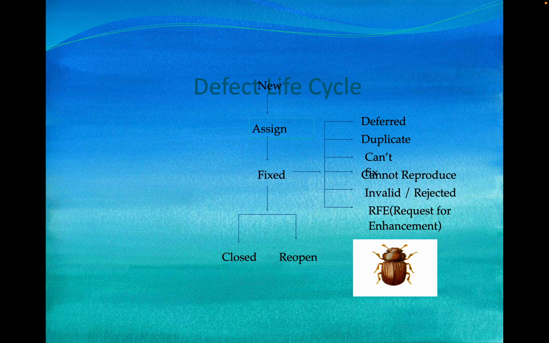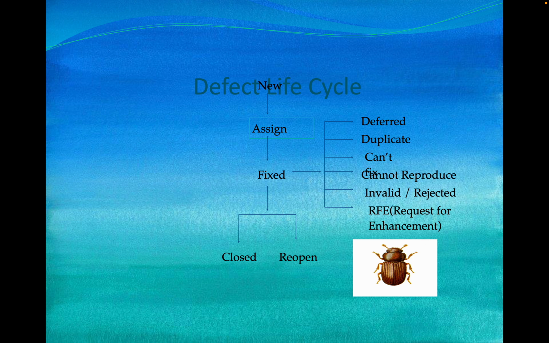The defect, instead of being fixed, can be deferred, or it might be a duplicate defect, or it cannot be fixed, or we cannot reproduce the defect, or it is invalid or rejected, or it can be a request for enhancement. These are all the possibilities that the developer can report after identification of the defect.